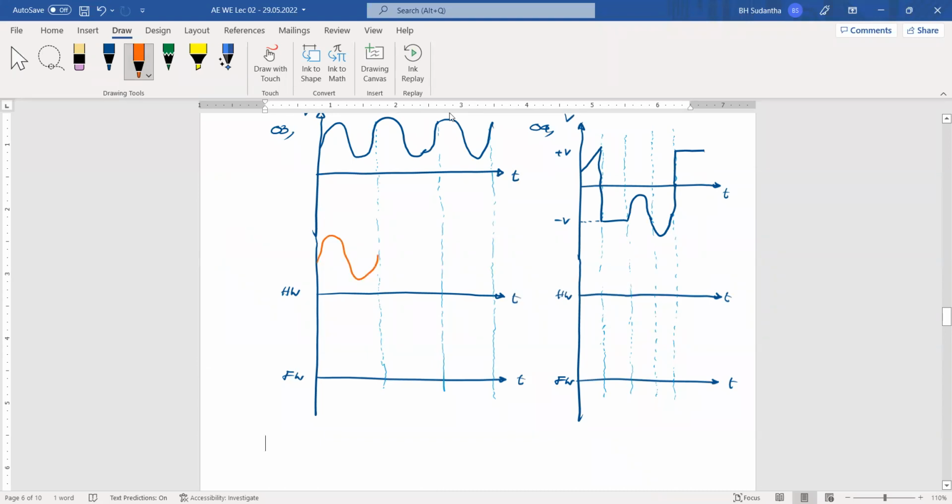We have this waveform on this side, like this. And for both, the same thing will be there.